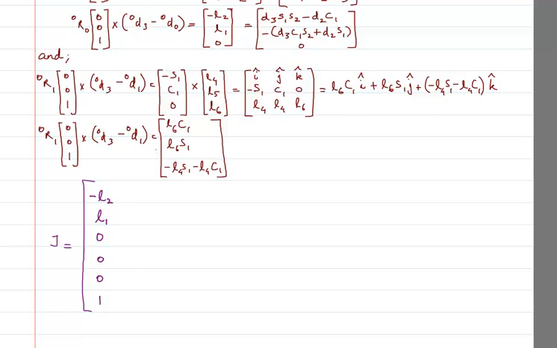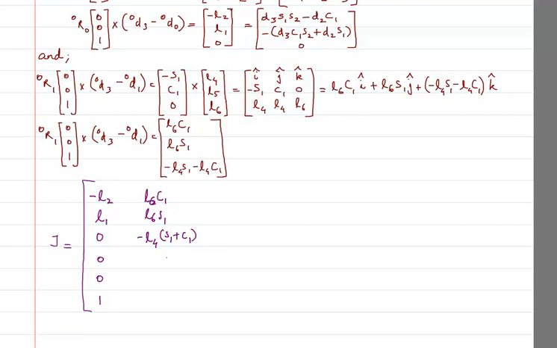Similarly, for the second column, the equation is L6C1, L6S1, minus L4, I'll take common, S1 plus C1.